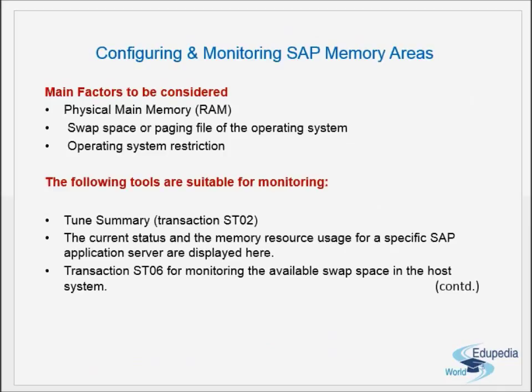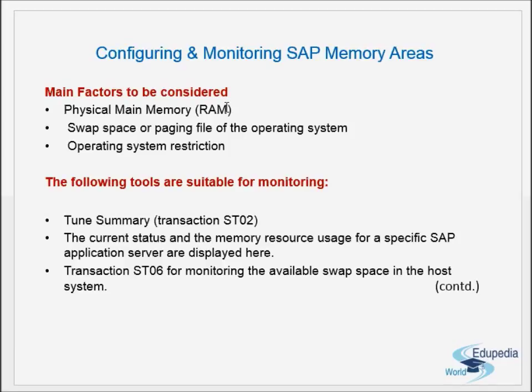Now, the configuration and monitoring of the SAP memory areas. What are the main factors we have to consider while configuring all these memory related parameters? The first one is the physical main memory, the RAM of your host. The next one is the swap space or the paging file of the operating system.